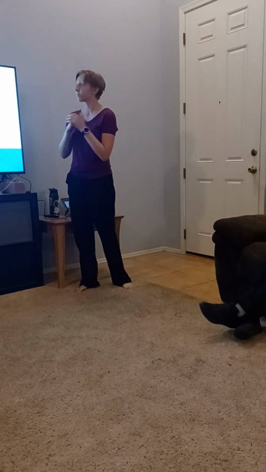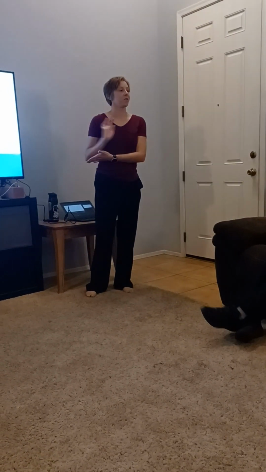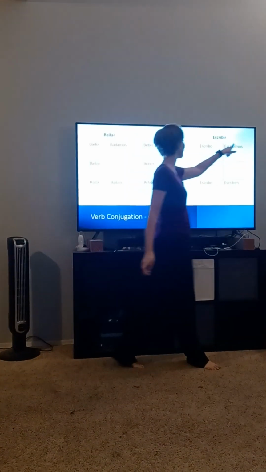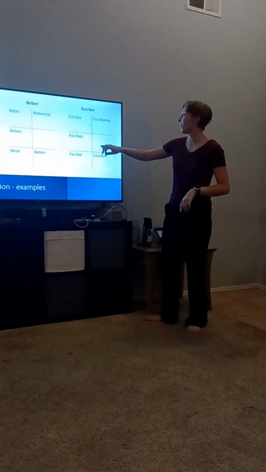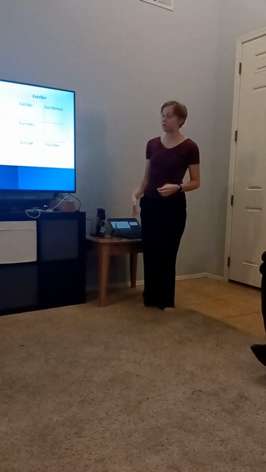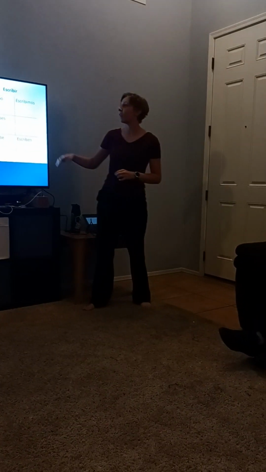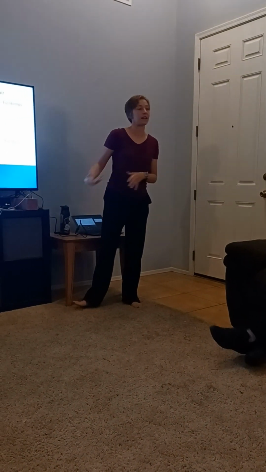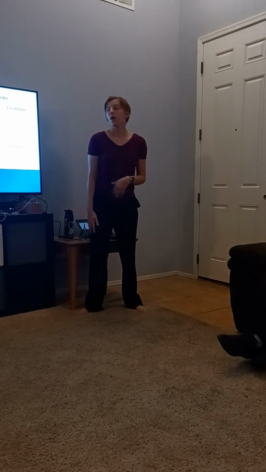Okay, so some examples of those verb conjugations. We have the AR, ER, and IR verbs, so you know the ending of each of the verbs. And they have all the different endings on them too. So you have bailar, which is to dance. If you say I dance, it would be bailo.